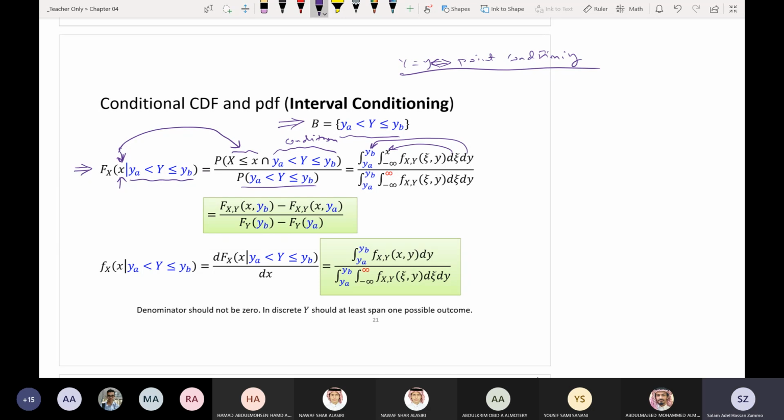In the denominator, the probability that Y is between ya and yb equals the integral from ya to yb of the marginal PDF of Y, which is basically the integral of the joint PDF over x from minus infinity to infinity. Okay, guys? Any questions?